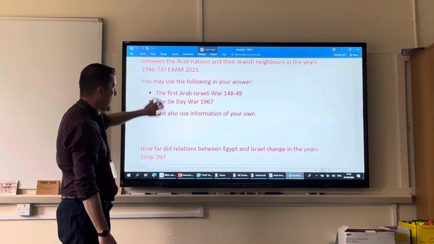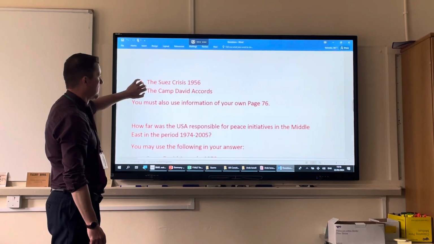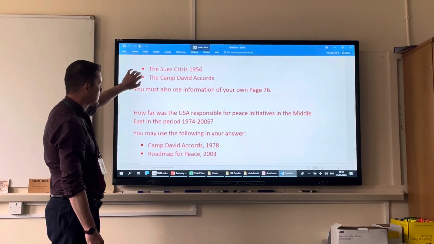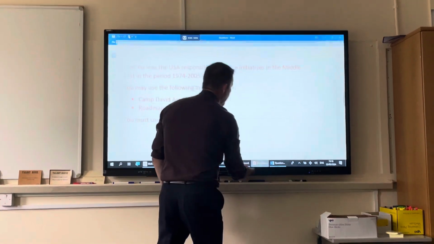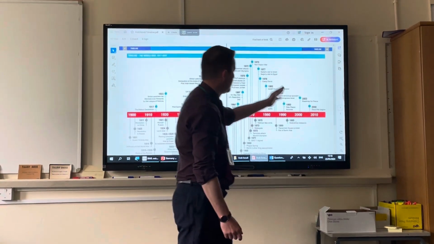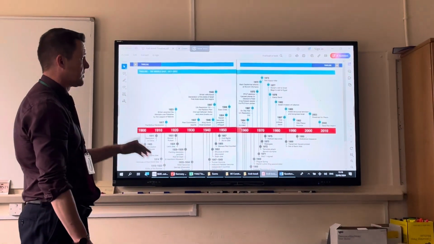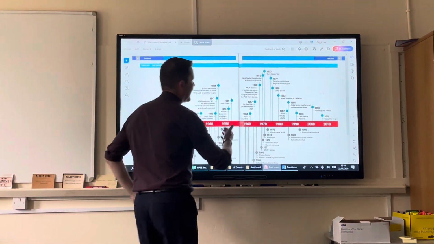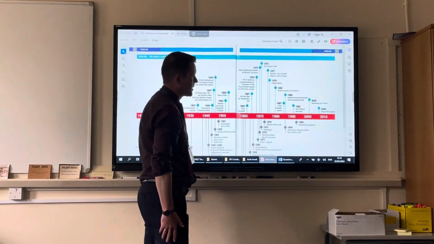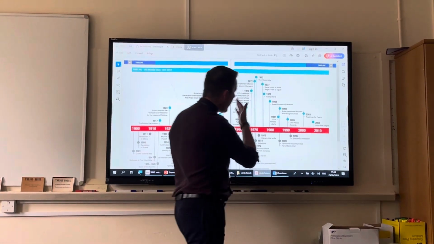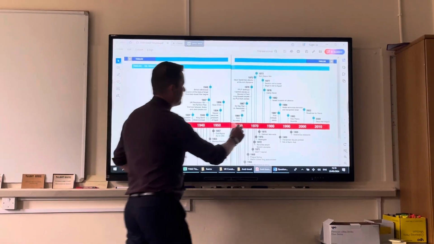So once you've done that bit and you've worked through all of these, then it's time to look at some of the areas for peace. And you can think, well, if I take 73 to 2008 and the Gaza War, although there are some points you can see on here where there definitely isn't peace, such as the invasion of Lebanon and the Gaza War in 2008, quite a lot of it is about the negotiations going on for peace.